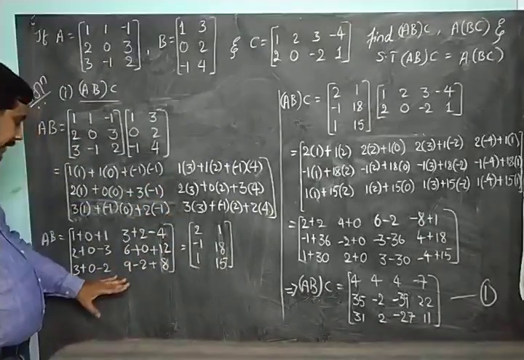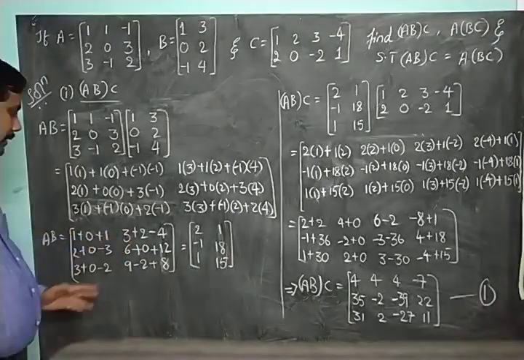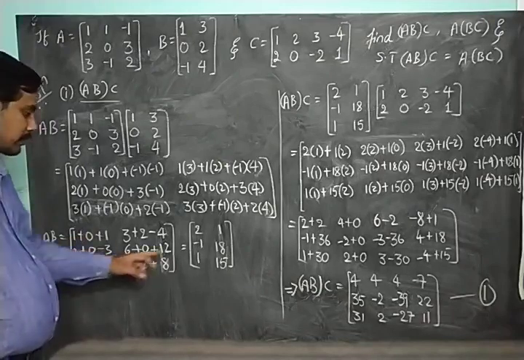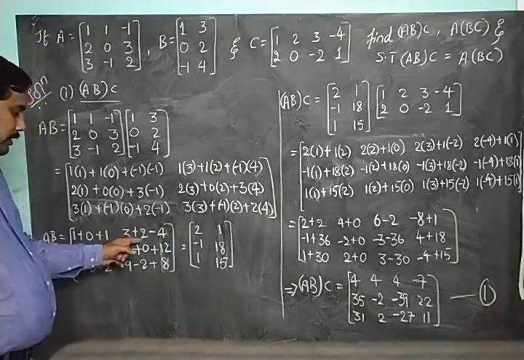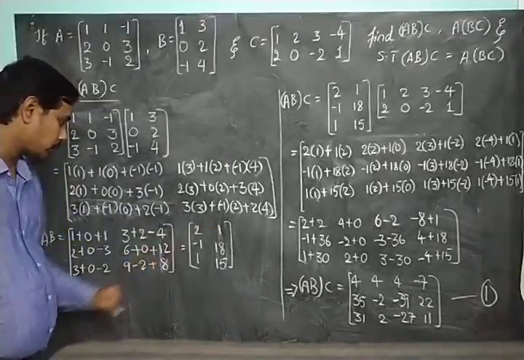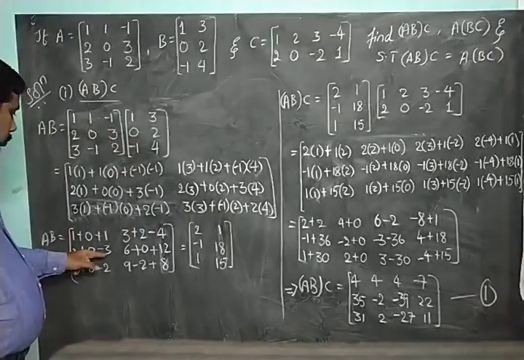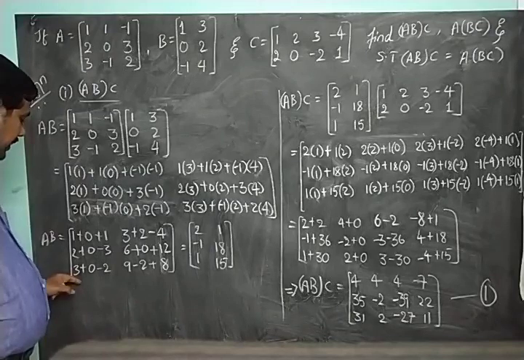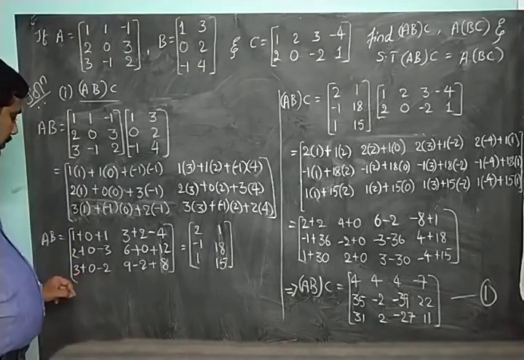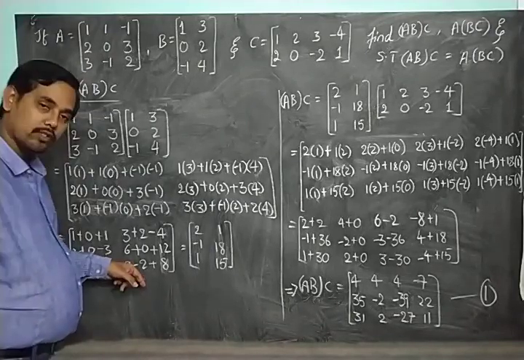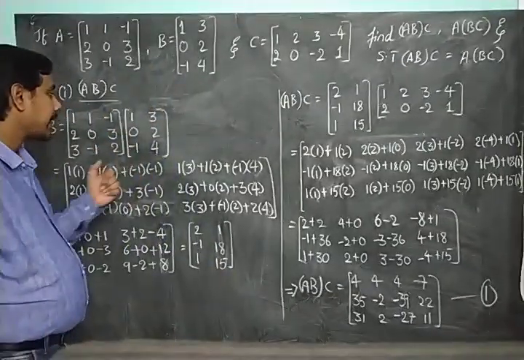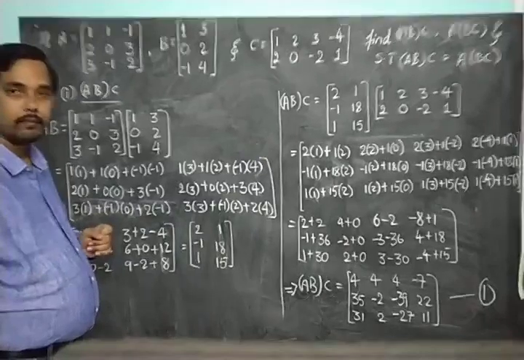If we simplify to the final form: 1 plus 0 plus 1 is 2. 3 plus 2 is 5, 5 minus 4 is 1. 2 plus 0 minus 3 is minus 1. 6 plus 0 plus 12 is 18. 3 plus 0 minus 2 is 1. 9 minus 2 plus 8 is 15. So this matrix is A into B.